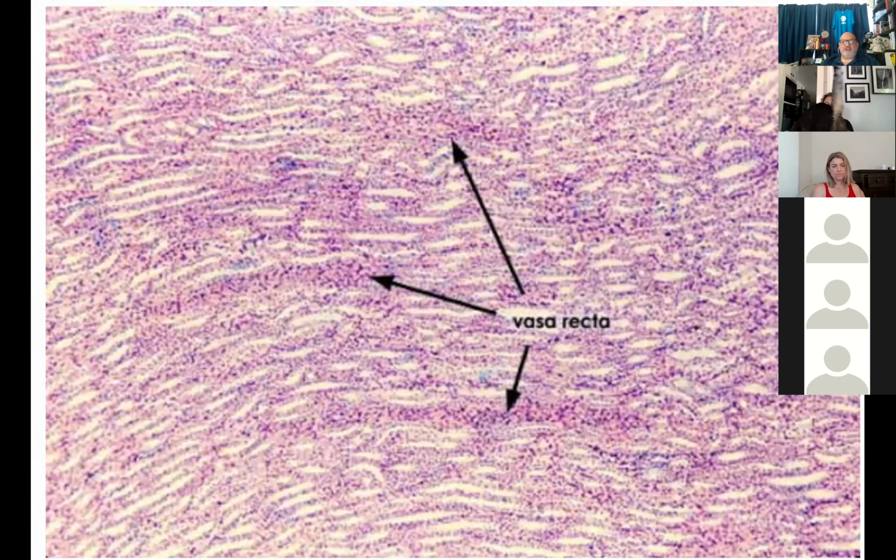No, not histologically. On some of the models that we've looked at, you're absolutely going to need to be able to tell those apart, but not here. Histologically, though, you are responsible for the vasa rectas, those blood vessels that we can see on this illustration here.